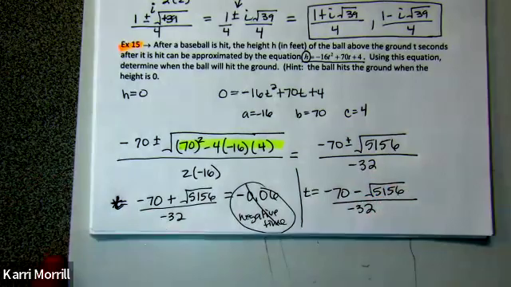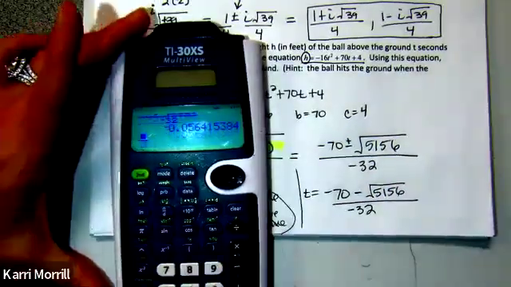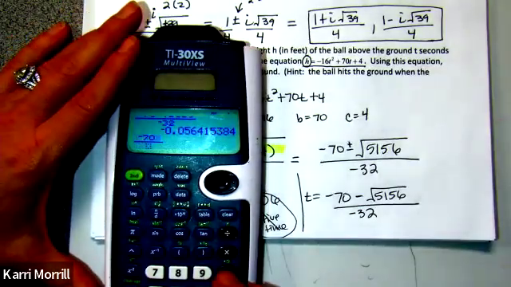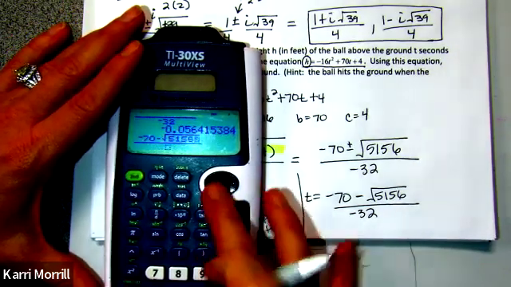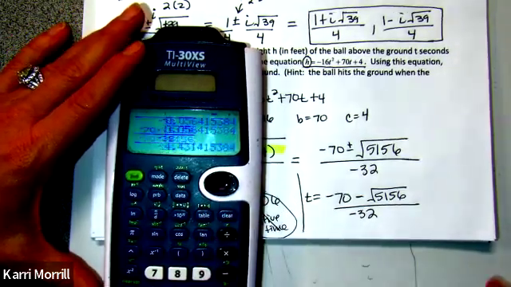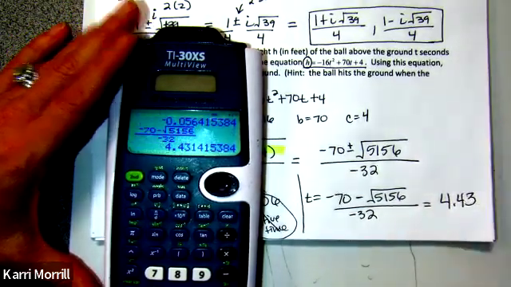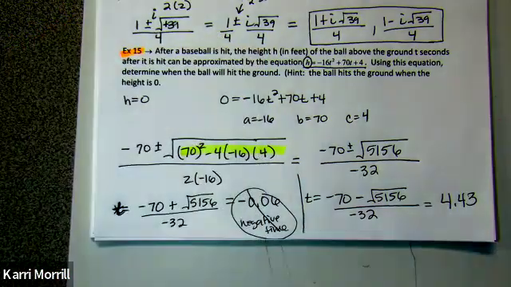So everything's the same. The only thing different is the sign between. So with the fraction key, I highly recommend you type it in, practice it, pause this video, and make sure you type it in right and get the same thing I get. So it looks like I got 4.43.